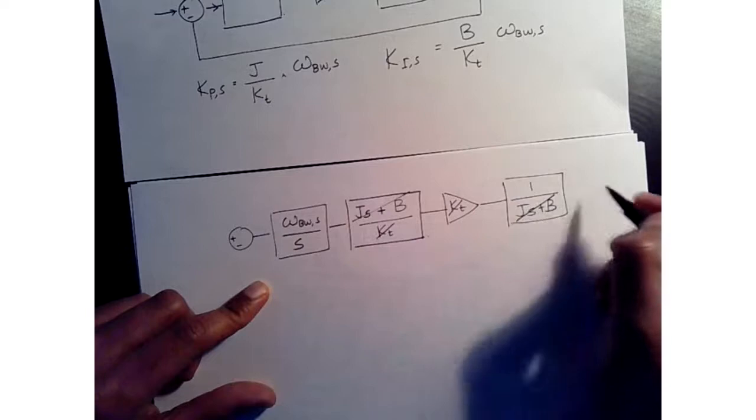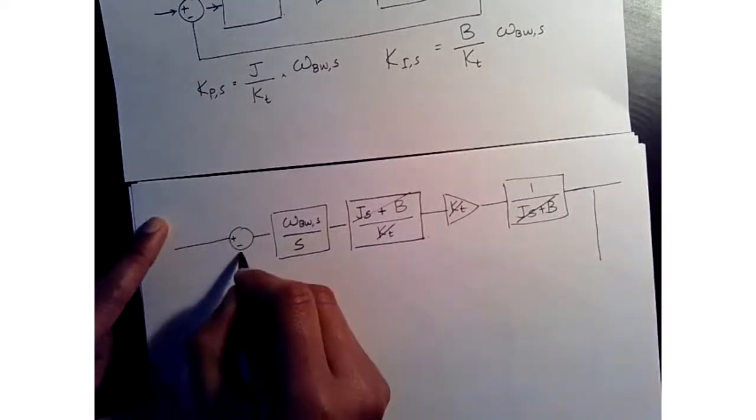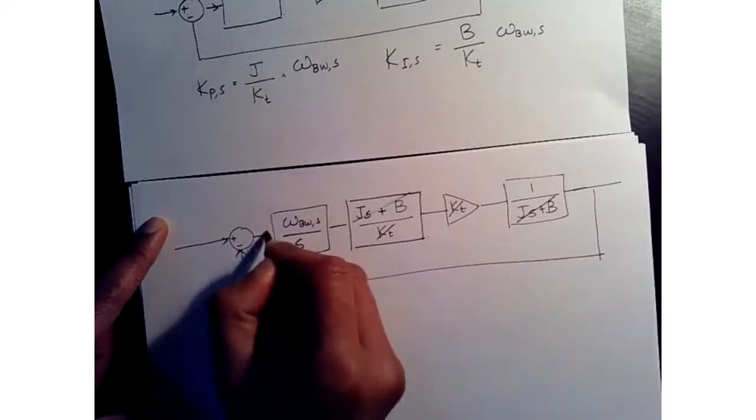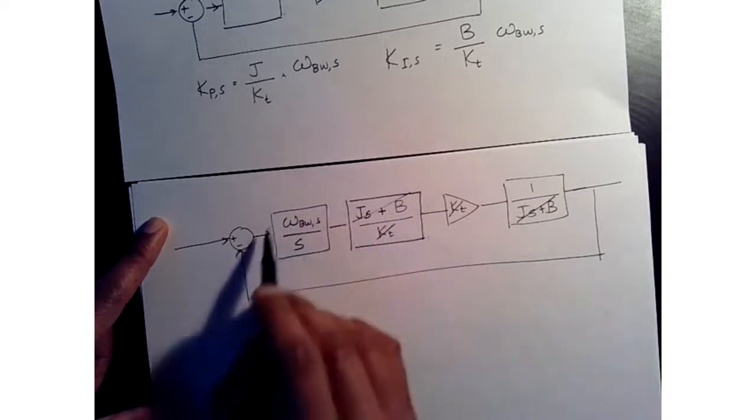The 0 will cancel the pole out, and what do we have? We have another first order system, right?